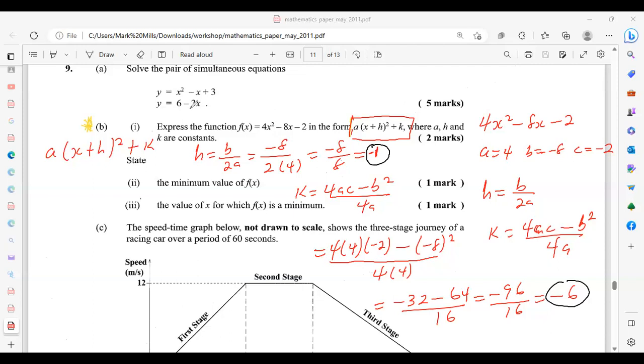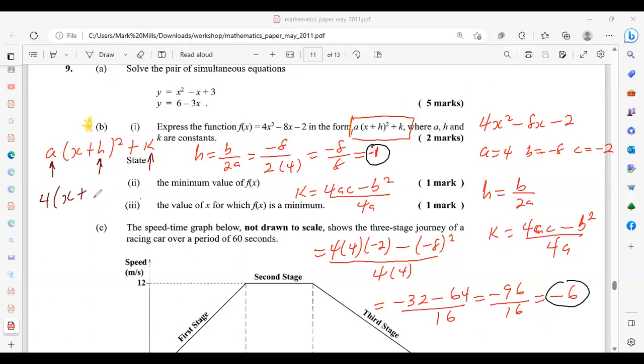We need our a, we need our h, and we need our k. Follow me, everybody, right? My a value would have been 4, open bracket x, plus my h value.